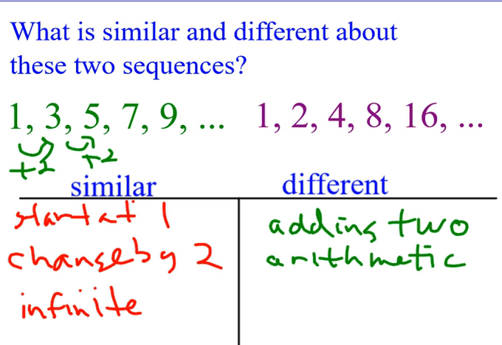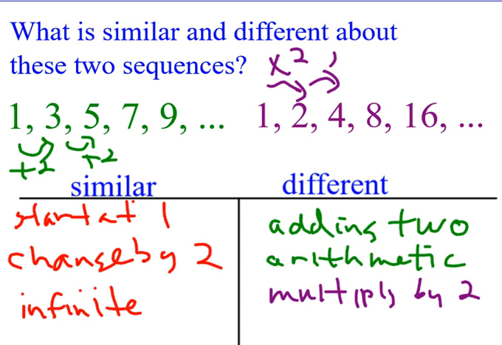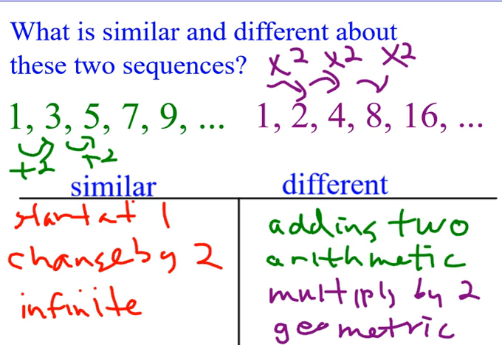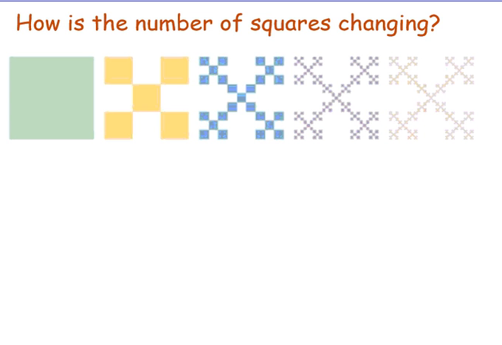In the purple one, I actually multiply by 2 each time, right? I say times 2, times 2, times 2, and that is what we call a geometric sequence. It's sort of like our exponential function. So if arithmetic is our linear function, exponential is our geometric function.